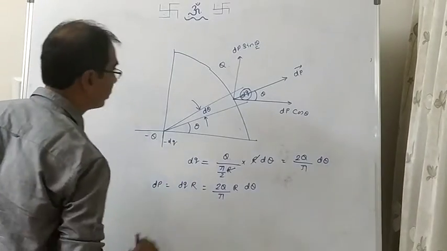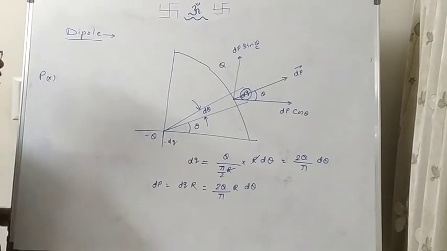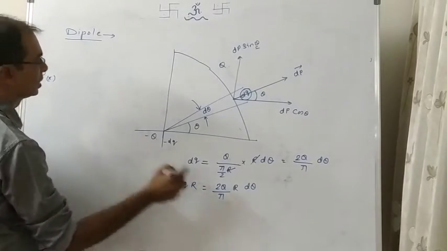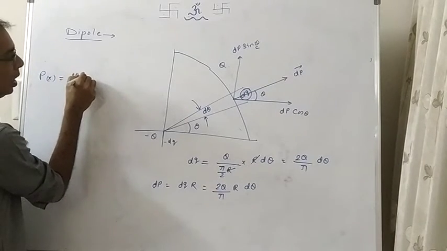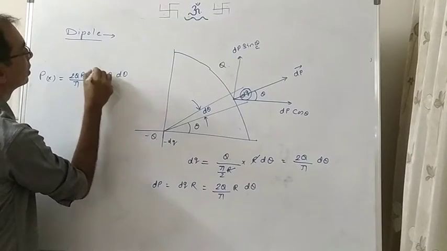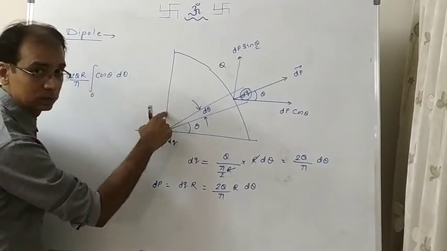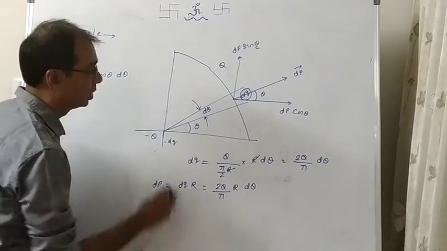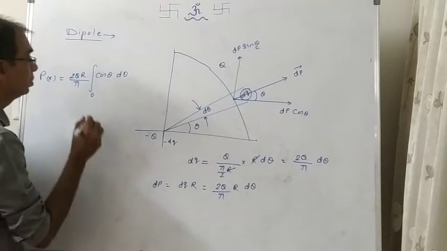Now x component, so I am writing it here, px is the integral of dp cos theta. dp is already this. Okay, so let's put it 2q r by pi cos theta d theta, integration from 0 to pi by 2. Yes or no? Theta is changing from where to where? From this segment to this segment. That is 0 to pi by 2.